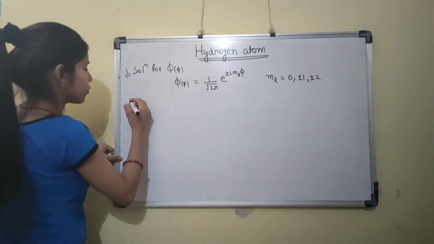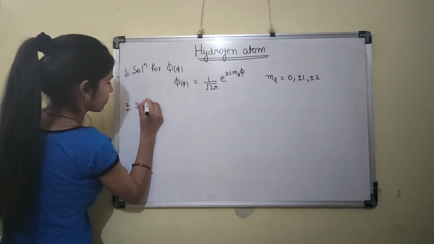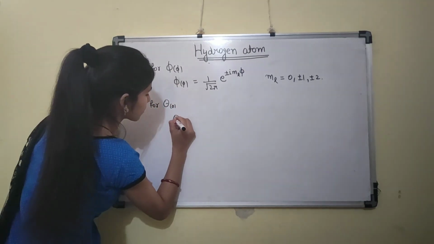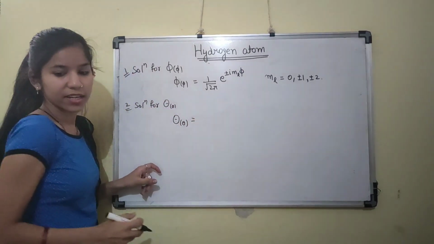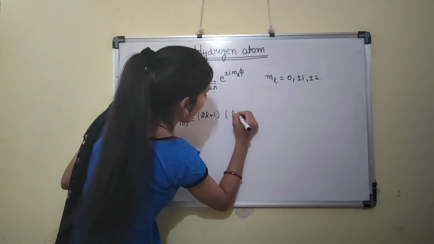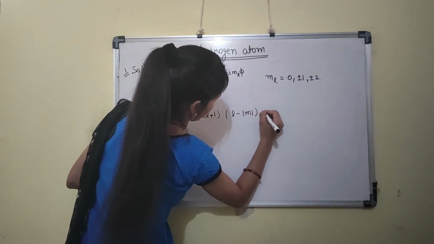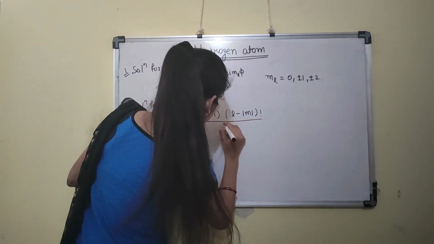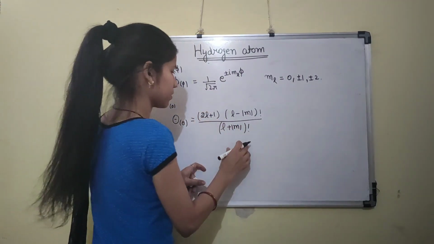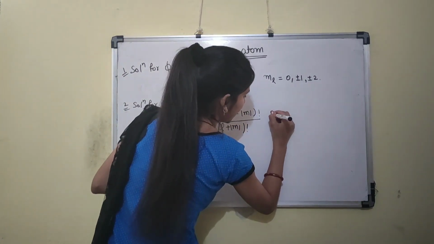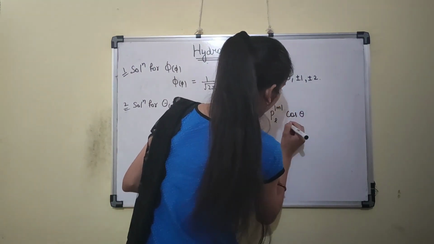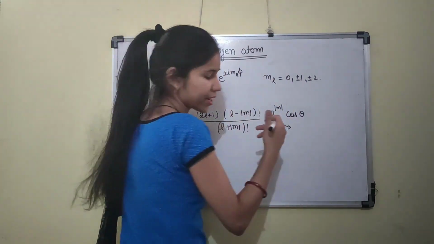Now the solution for Theta is the square root of 2l plus 1 into l minus mod of m factorial divided by l plus mod of m factorial, times P l raised to the power mod of m of cos theta, and in this P l m is the Legendre polynomial.